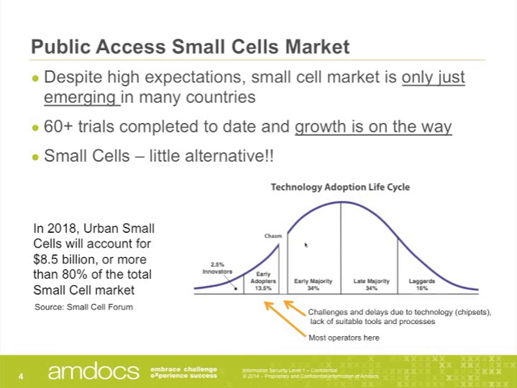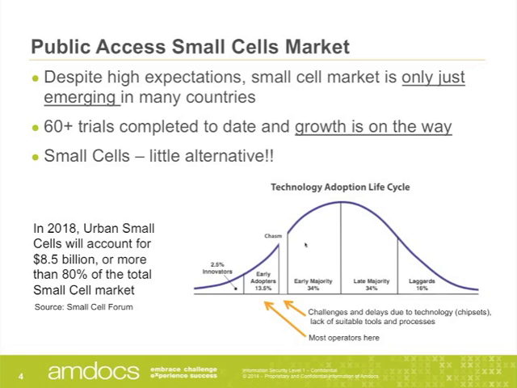If we look at Moore's technology adoption life cycle curve, I'm sure you're all familiar with crossing the chasm, and this particular example relates quite well to the small cell situation. We think that most of the operators today sit in the early adopters stage of this life cycle, and they have a number of challenges to cross that chasm into the early majority phase.